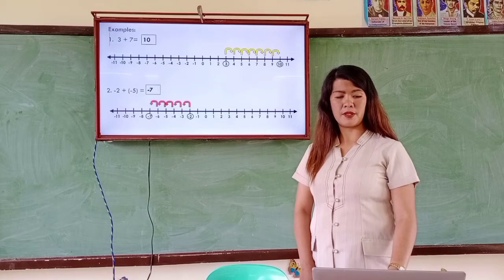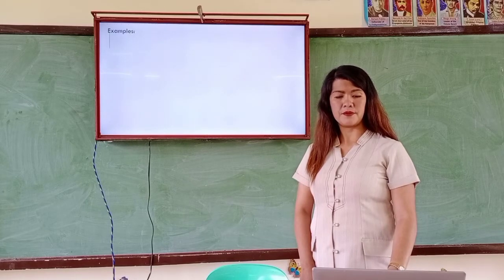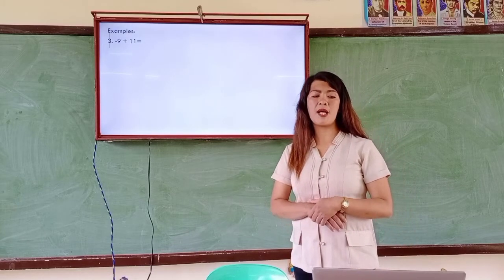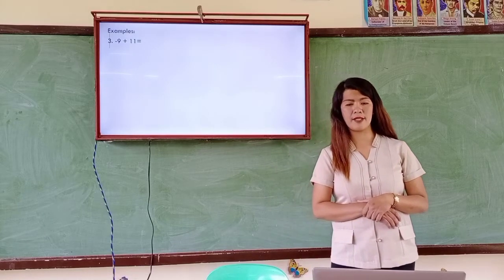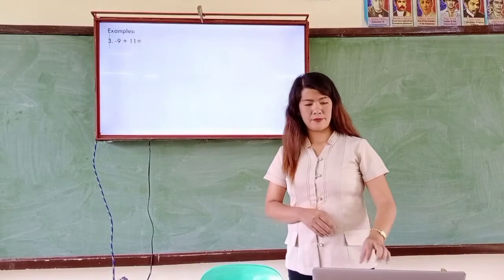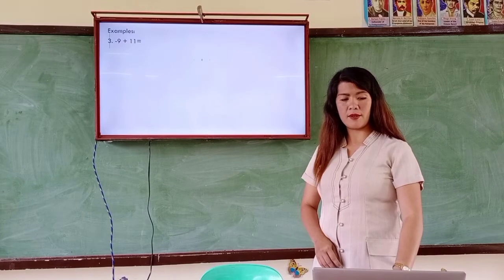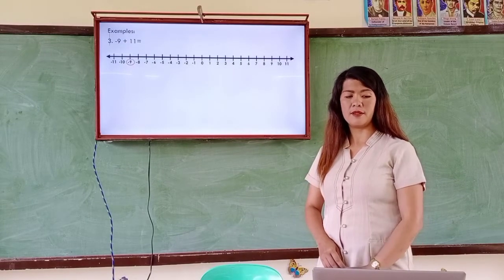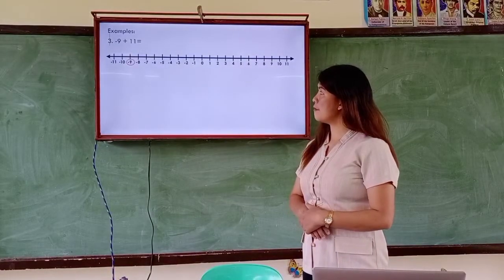Another example. We have negative 9 plus positive 11. We start at negative 9, so let us encircle negative 9 here. Then plus positive 11.